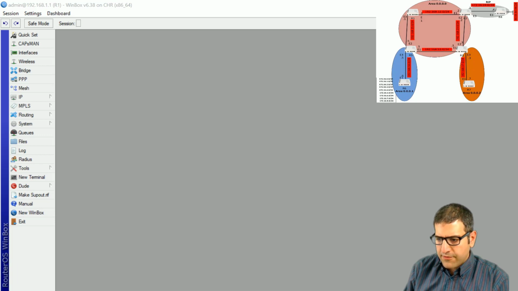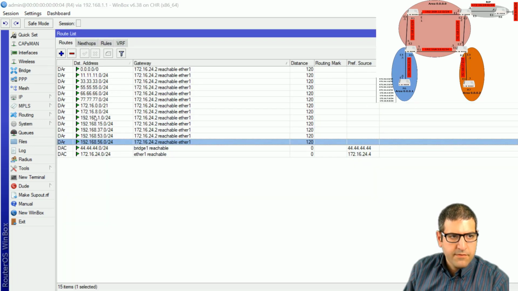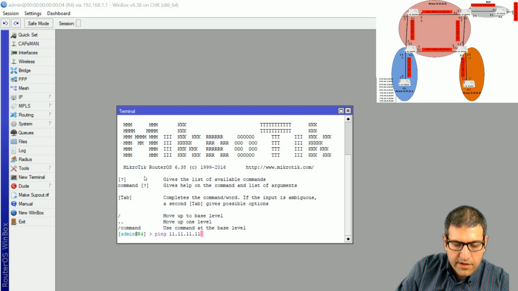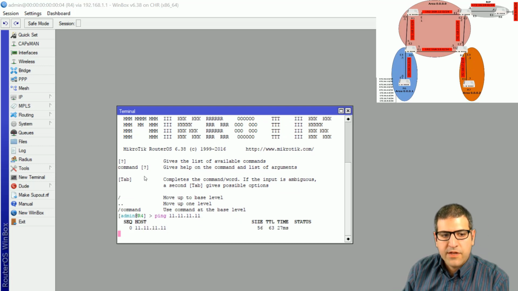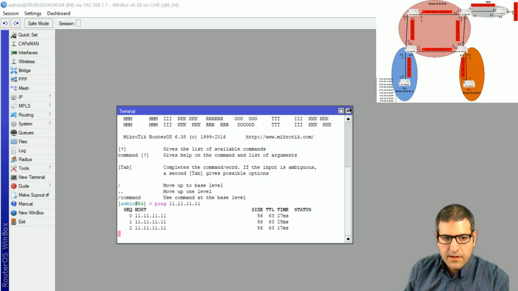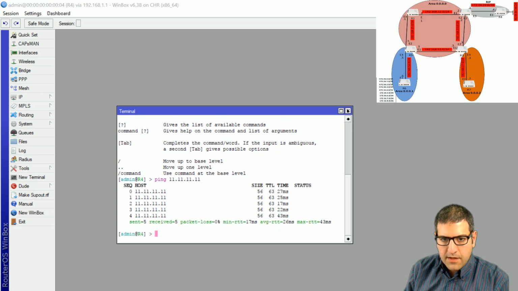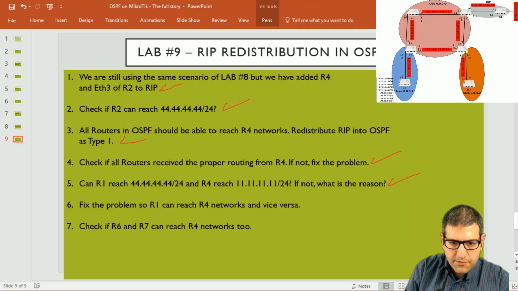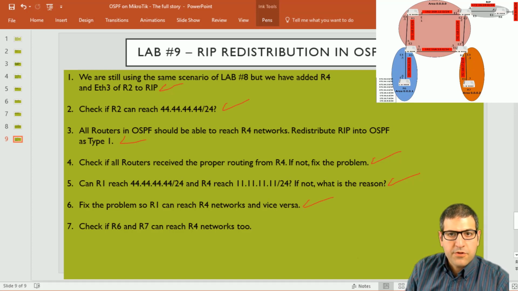If I go to router 4 now, and I do the same, I will try to ping 1.1.1.1. He wasn't able to ping it before, and now we can see he's able to ping it. Let me check this point here, so that is done.